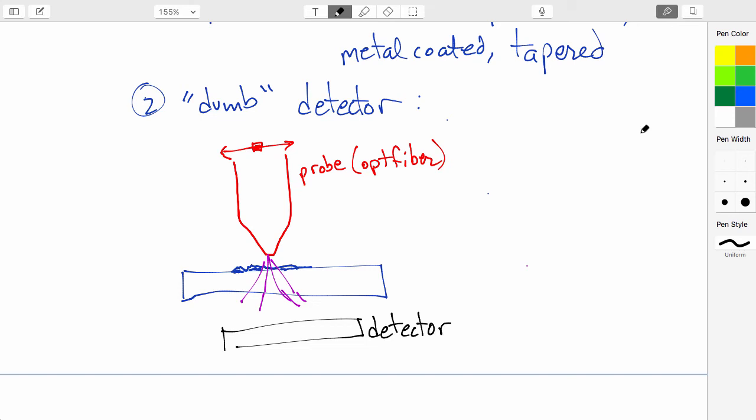And the key thing is that the size of this bundle of light emitting from the edge of this could be about 20 to 50 nanometers. Right, so this is the sample.